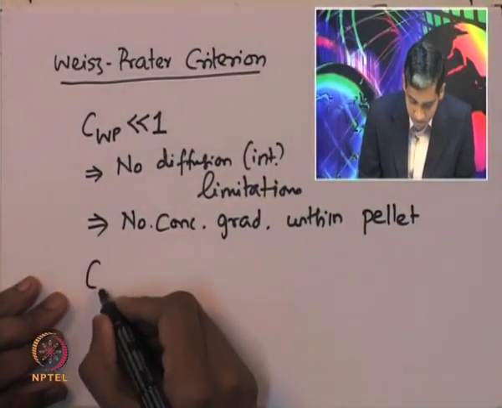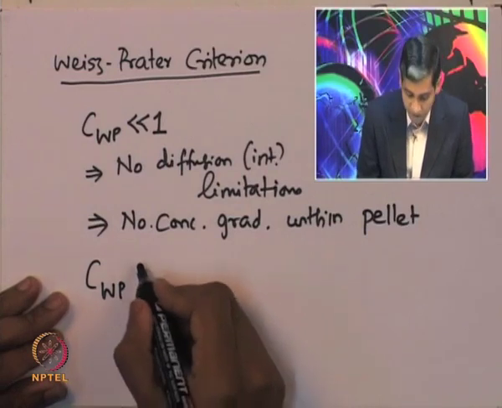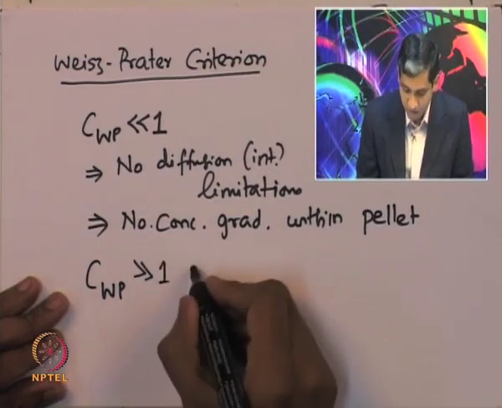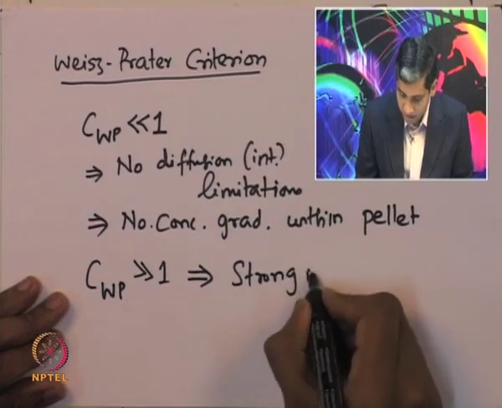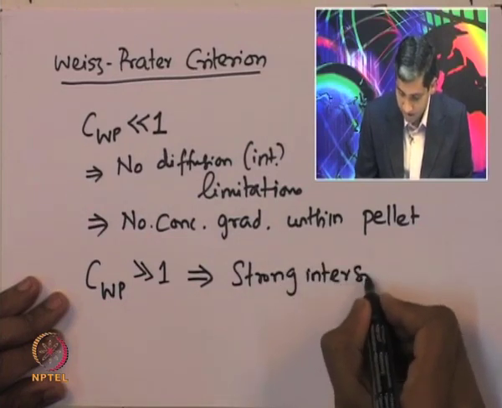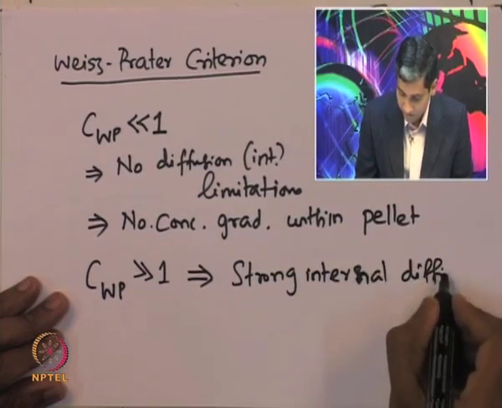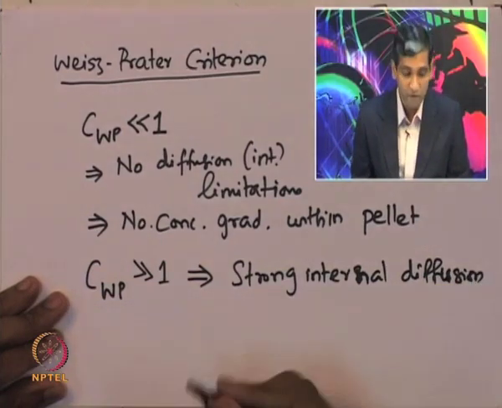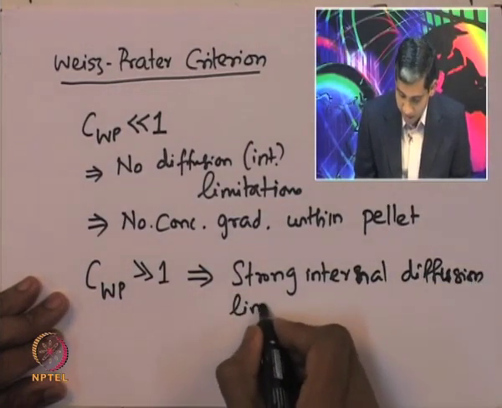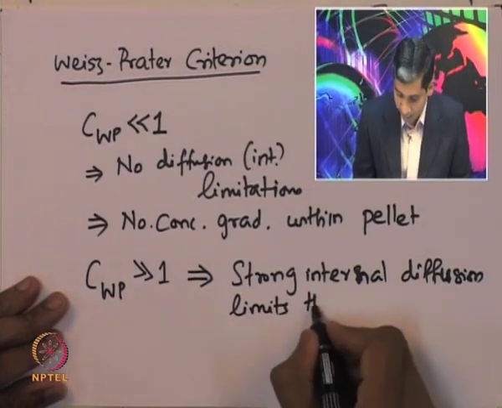So, when the Weisz-Prater parameter C_WP is significantly larger than 1, then this implies that there are strong internal diffusion limitations, and in fact, it means that the strong internal diffusion limits the reaction severely.